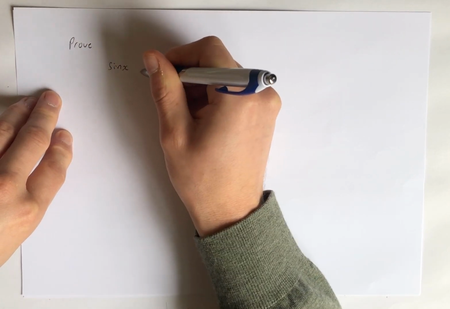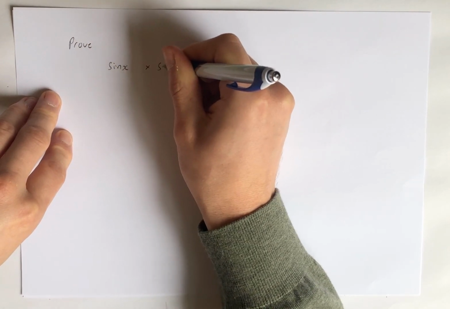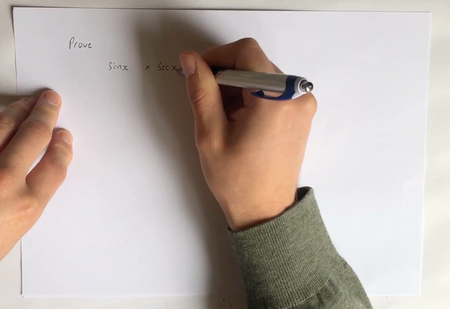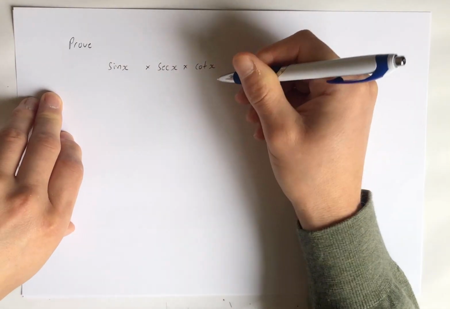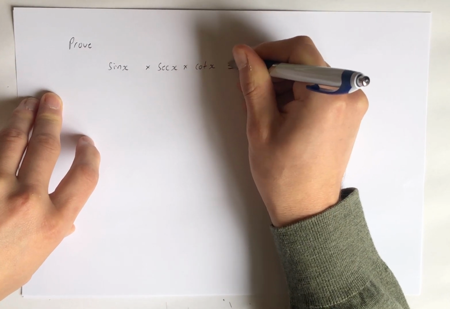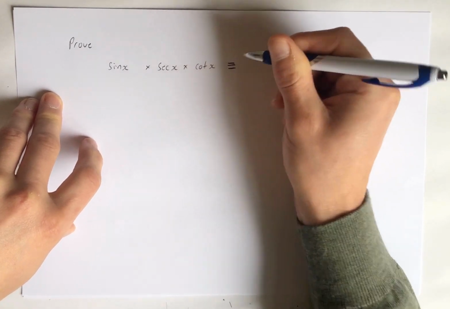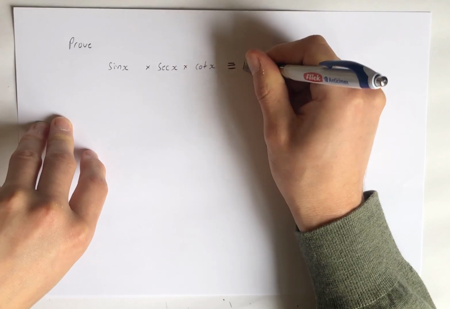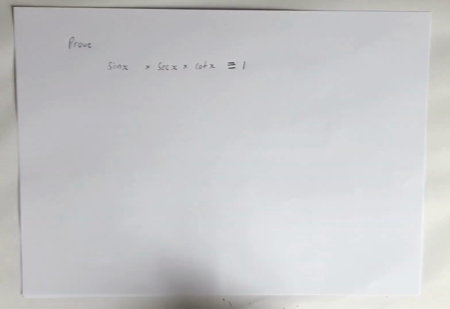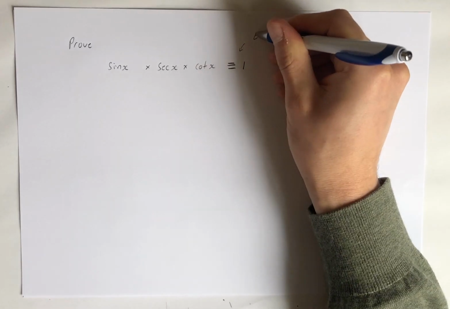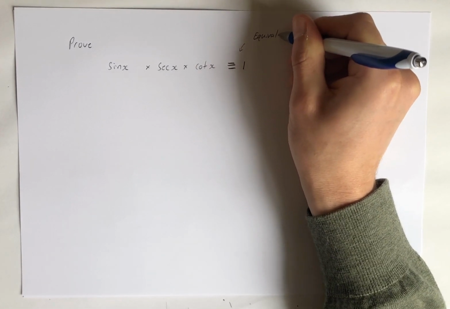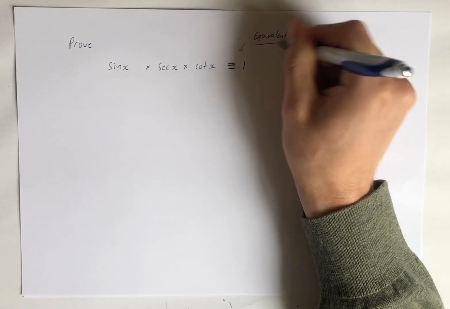So prove sine x times sec x times cotangent x, or cot x, is equivalent to 1, and we use these three equal symbols because it's not technically equal, it's equivalent to. Okay, so this just means equivalent to.